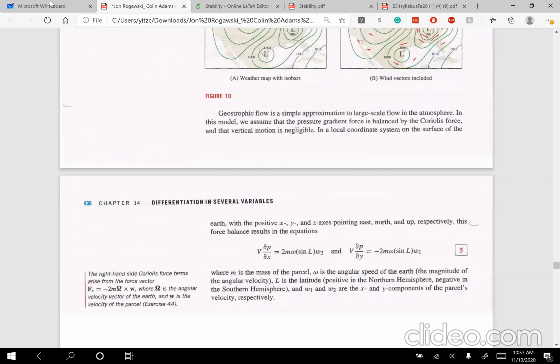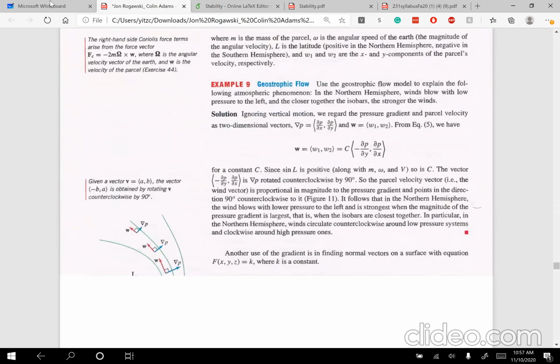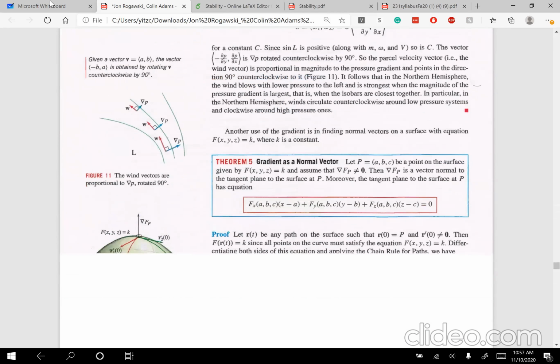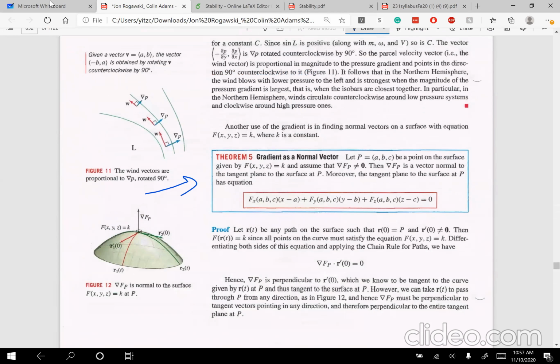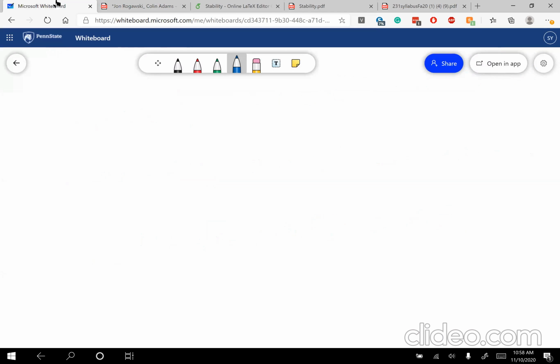We're going to skip this part and continue with this over here. You can also use the gradient to find normal vectors to tangent planes of higher dimensional surfaces. So we can think of a surface f of x, y, z equal to w, with three independent variables and one dependent variable.